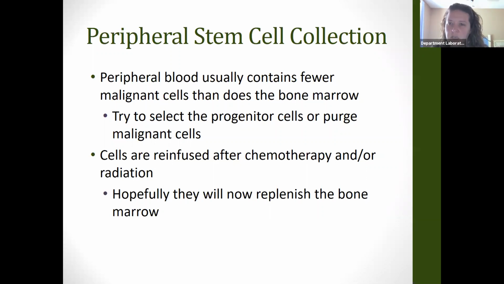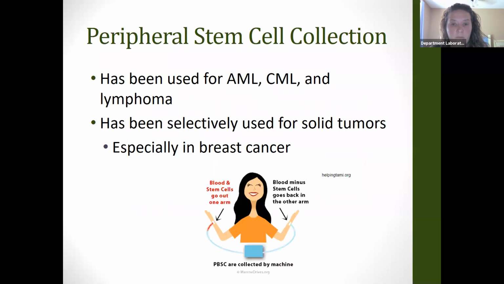So that's the idea behind these autologous bone marrow transplants or stem cell harvesting. The peripheral stem cell collection has been shown to have success in some of our leukemias, such as AML, CML, and even for lymphomas as well. You might even see that being done for solid tumors as well, such as breast cancer.